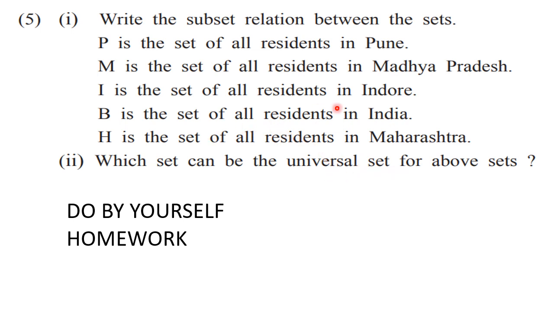You can say that this B, which is the set of residents in India, can be the universal set. Yes or no? Because these two states and these cities are all in India. So we can say that B is the universal set here. So you can write down that answer: set B can be the universal set.